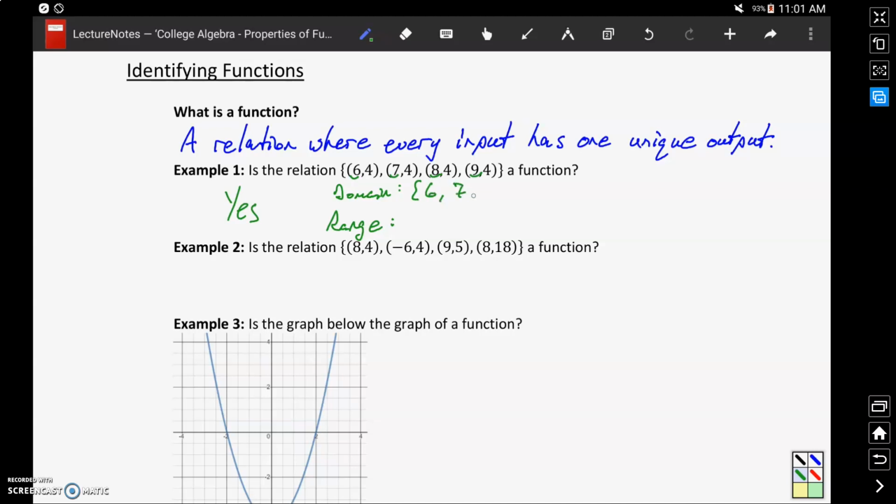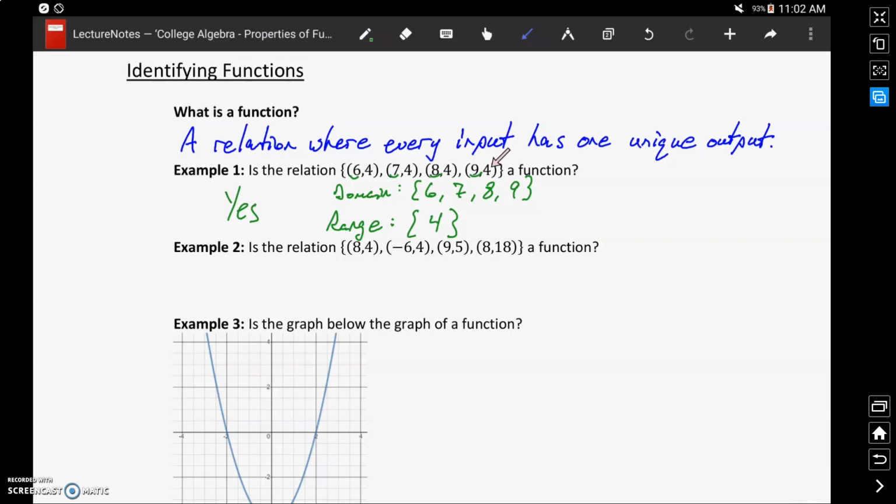So 6, 7, 8, and 9. Our range is a list or a statement containing all possible y values for our function. So what we'll do is identify all of our possible y values, which in this case is 4, 4, 4, and 4. But we don't need to list those different values repeatedly, so we'll simply state that the range is just 4.